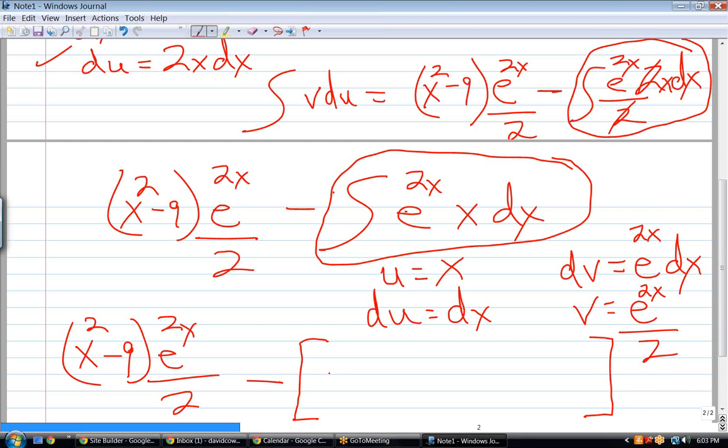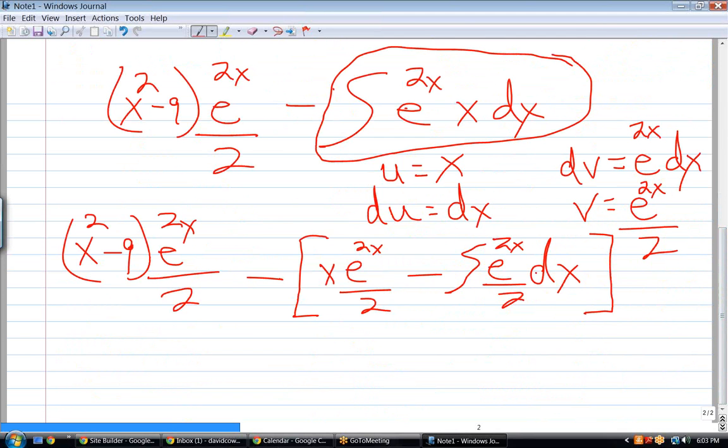Oh, okay, so inside the bracket is x times e to the 2x over 2 minus the integral of e to the 2x over 2 times dx. Very good. Okay.